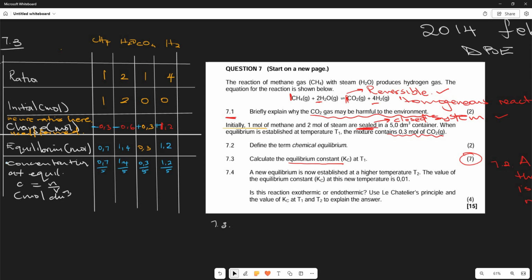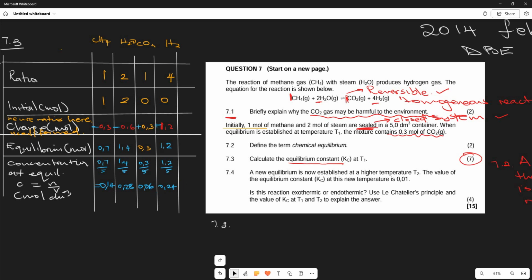This will give us 0.14, and the other one, 1.4 divided by 5 would give us 0.28, and this one here, 0.3 divided by 5, that will give us 0.06, and 1.2 will give us 0.24. So these are the concentrations at equilibrium.